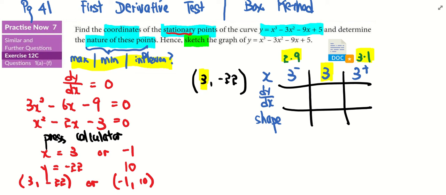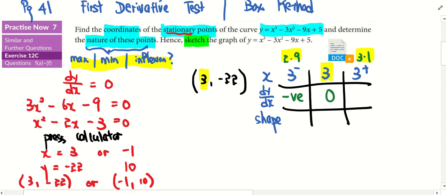Why? Because the gradient at x equal to 3 must be 0, it's a stationary point. But your job is to tell me when you substitute 2.9, what is the answer? After you put in 2.9, if it's negative, write down negative. Now press the calculator for 3.1.